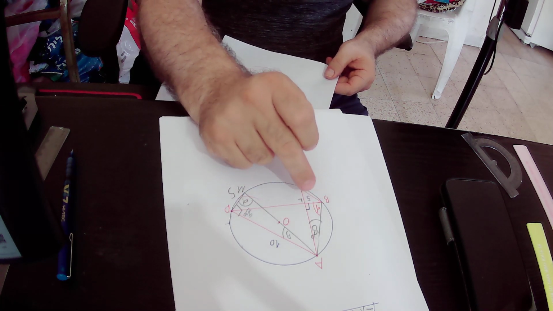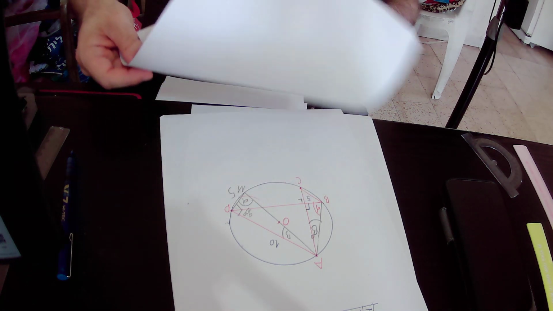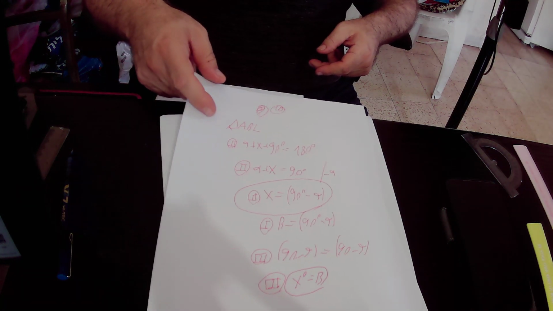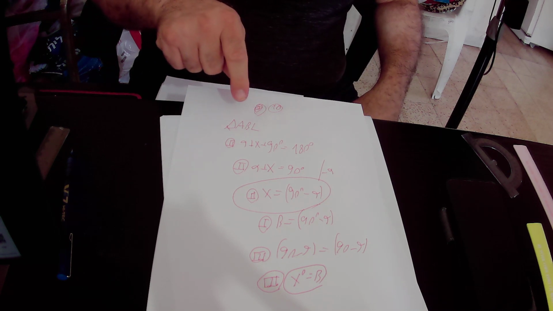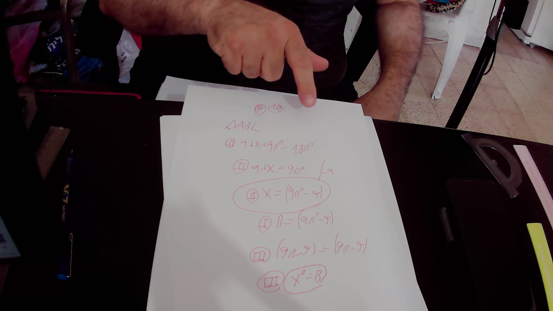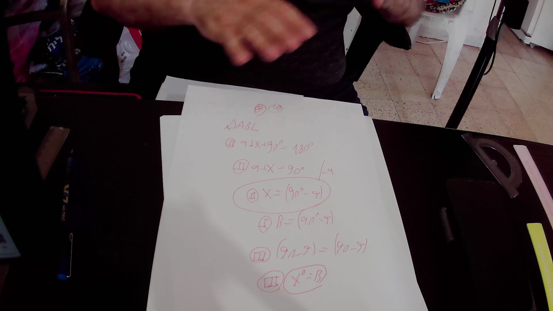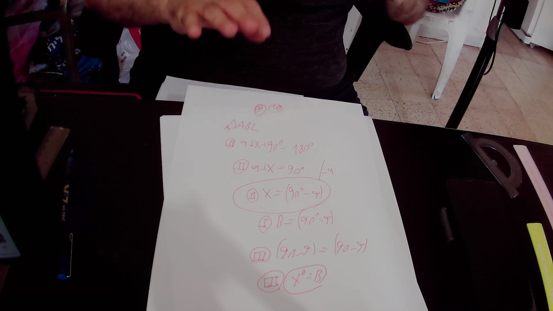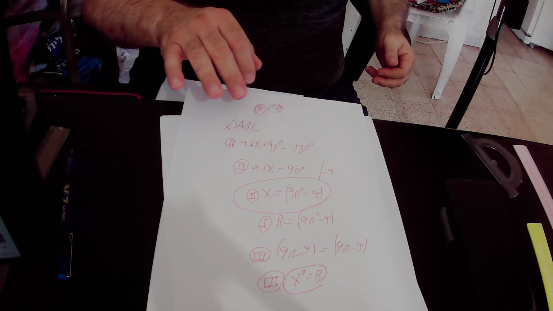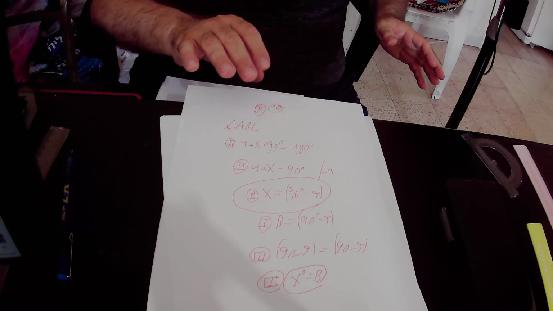So beta plus alpha plus 90 degrees equals 180 degrees. This is the second equation. The sum of the angles in the right triangle ABL equals 180 degrees. It is true for any triangle in the world, especially for triangle ABL.